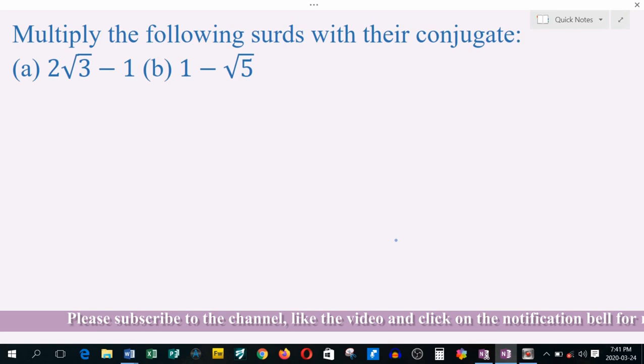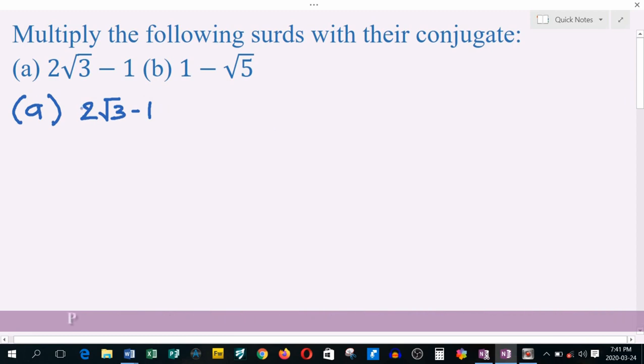The conjugate of a surd is another surd that when you multiply it with that surd, you will have a result that is not a surd. We use conjugate to rationalize surds. It is important for us to know how to get the conjugate. A says multiply 2 root 3 minus 1 with its conjugate.